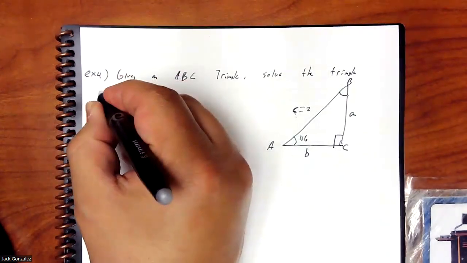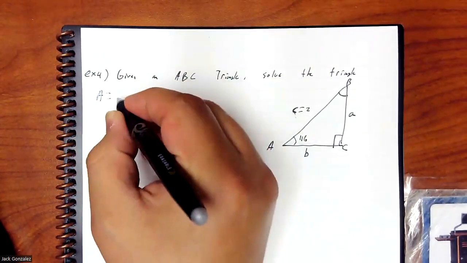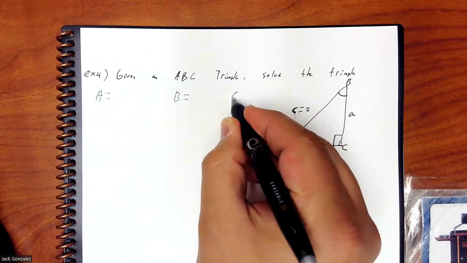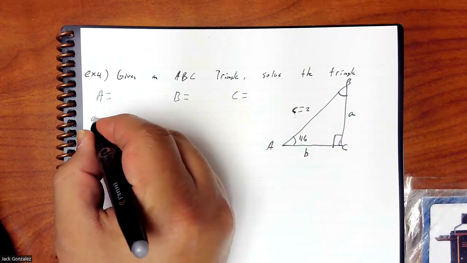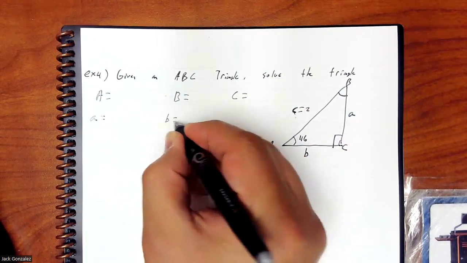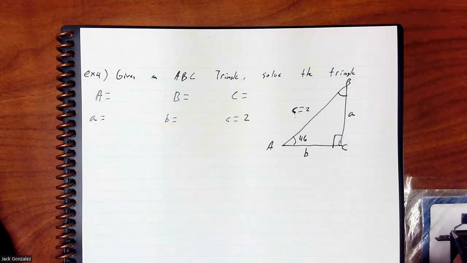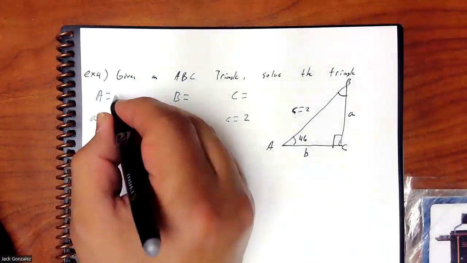So what I'm going to do is write all the information here. They gave us side C equal to 2. They gave me angle A.